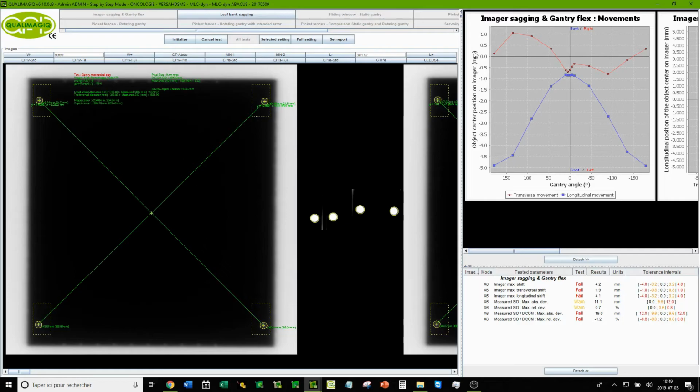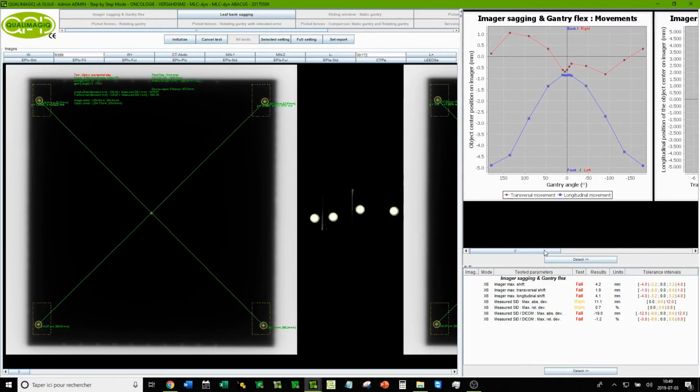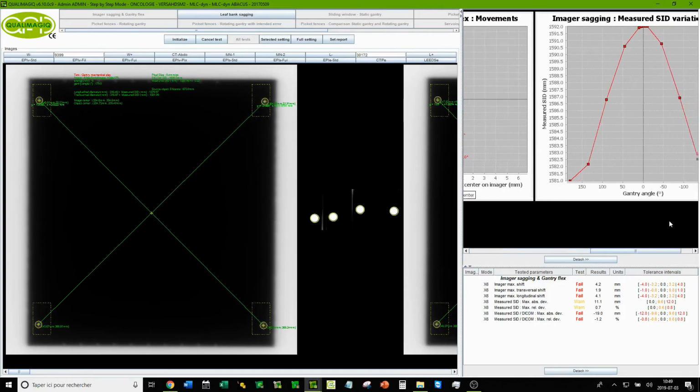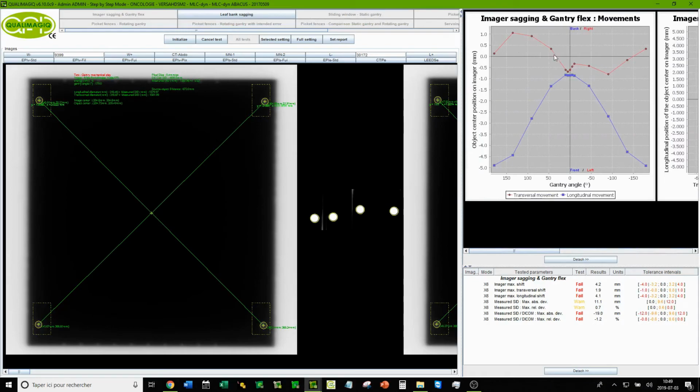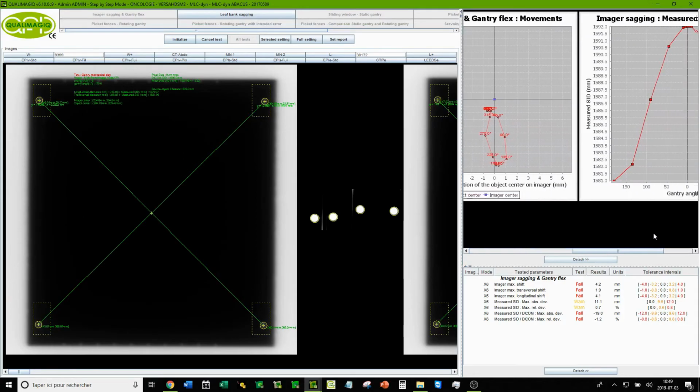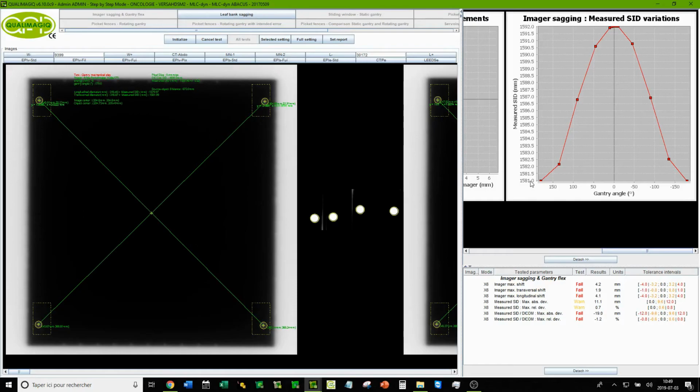The Varian Linac presented 1 mm of imager sagging, 2 mm of gantry flex, and a 1 mm variation in SID. The results for this Elekta are 2 mm of imager sagging, 4 mm of gantry flex, twice as much as for the first example, and especially 10 mm of variation in SID.